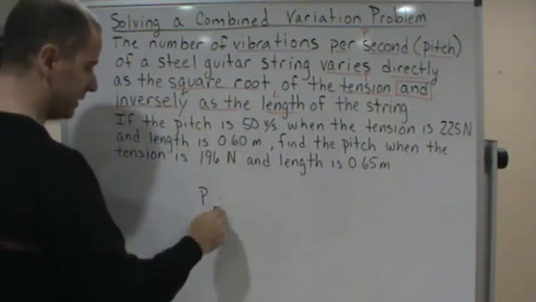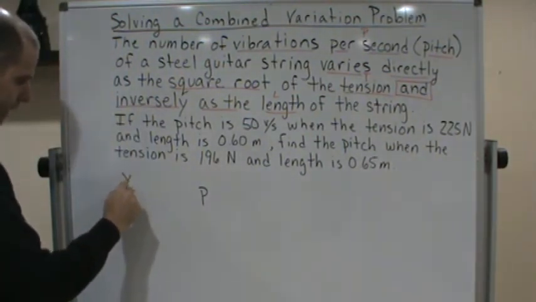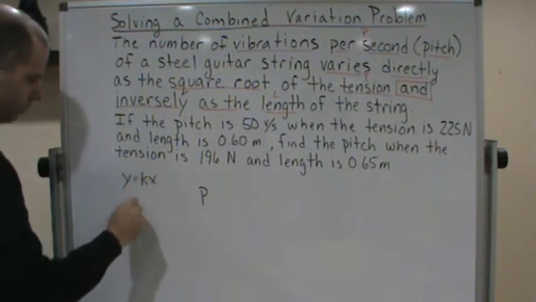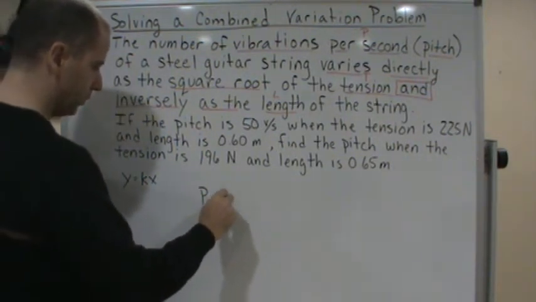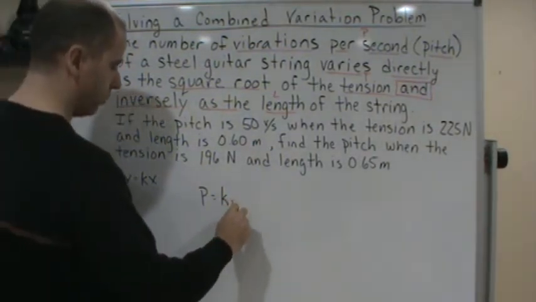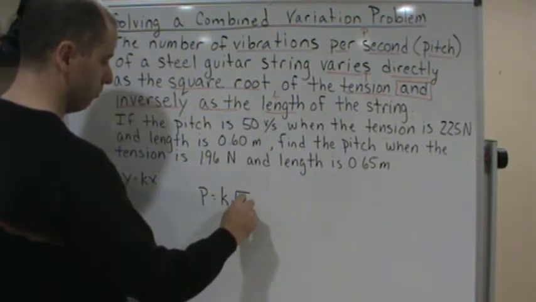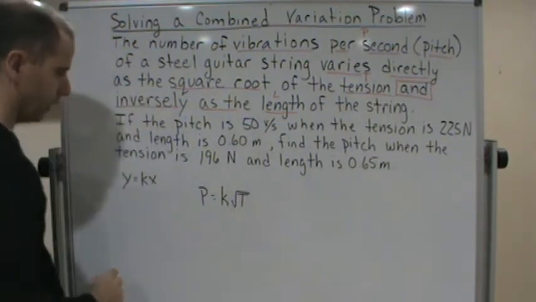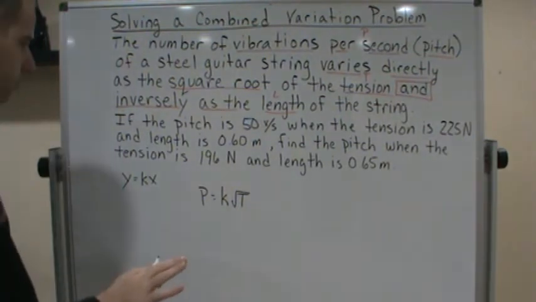Directly means it's going to be of this form, y equals kx. So now we write P equals k times the square root of the tension. Now we're done with that piece.